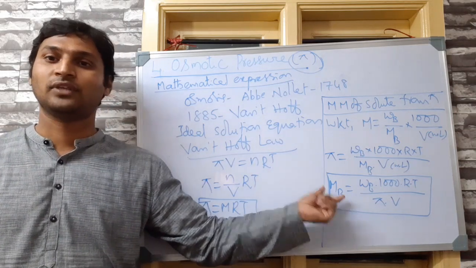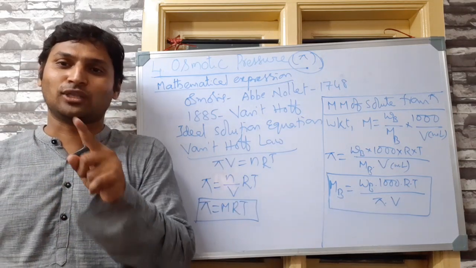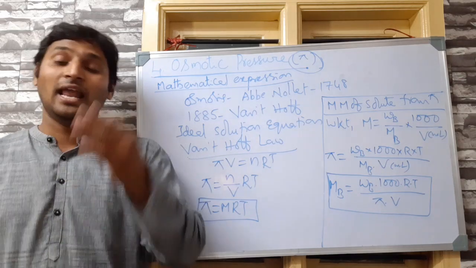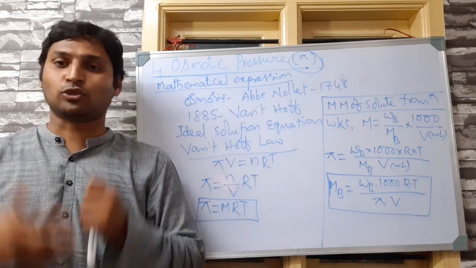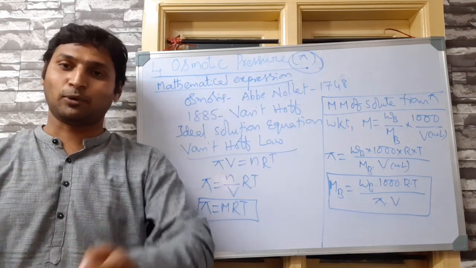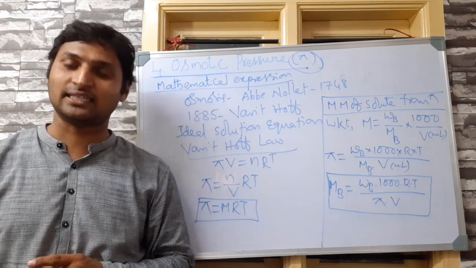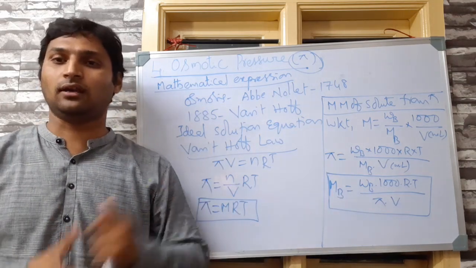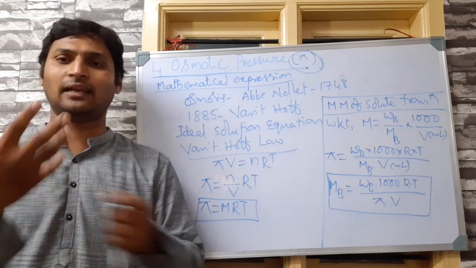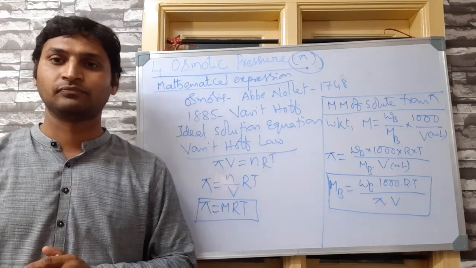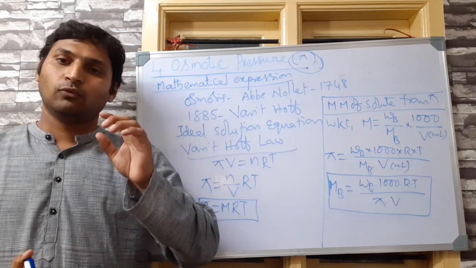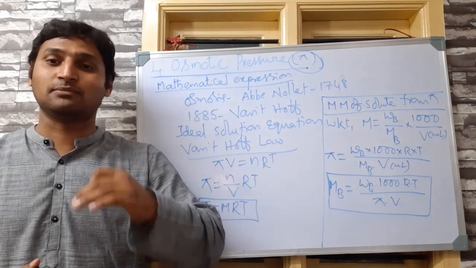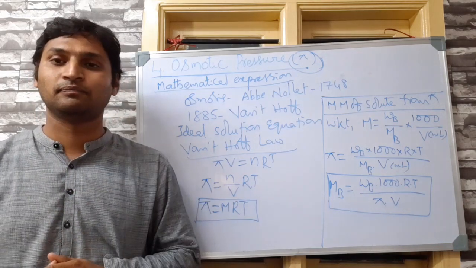And by the way, if the unknown solute whose molar mass we are determining is a macromolecule, like in case of polymers, which could be biopolymers like proteins, carbohydrates, etc., or it could be regular synthetic polymers like nylon, terylene, polyester, whatever they are. Any macromolecule like polymers comes into the laboratory and its molecular mass has to be determined.